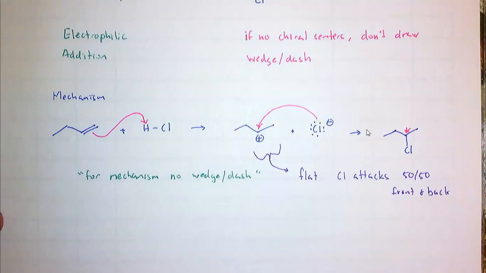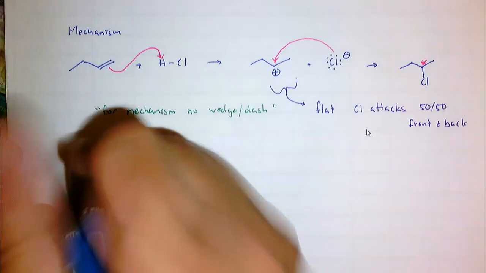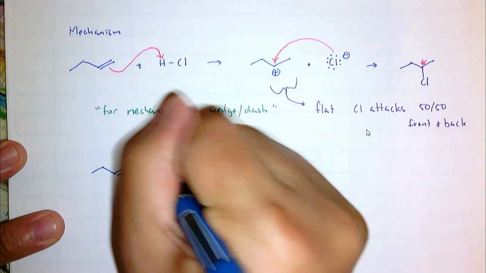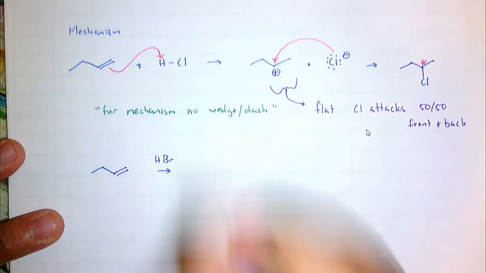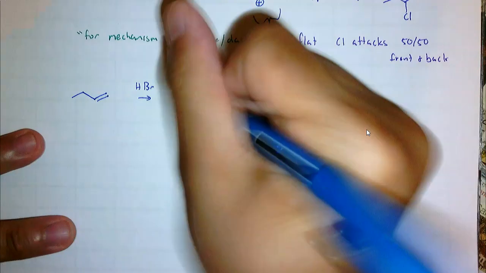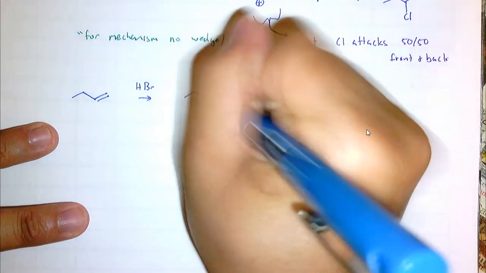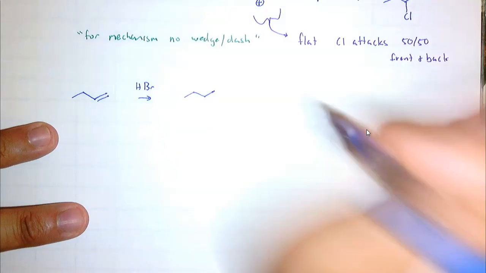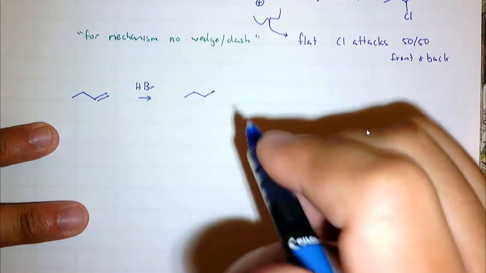So there are 2 ways that I could ask you to draw the product on an exam for this particular case. Let's switch it up to HBr. I want to make sure I do this right.